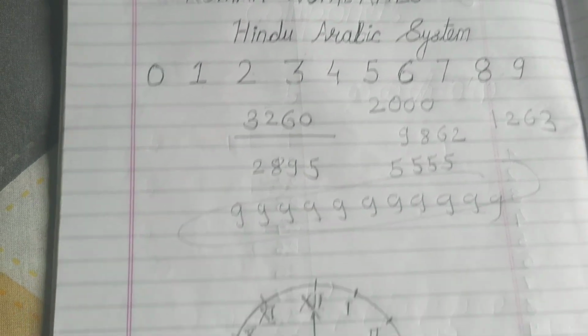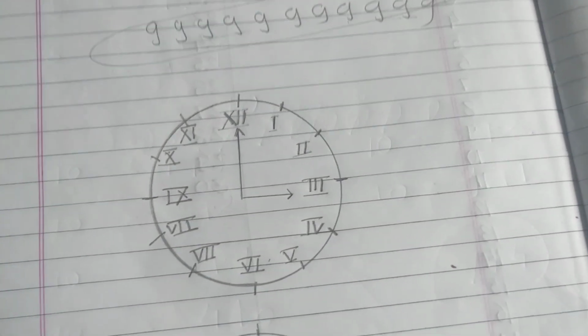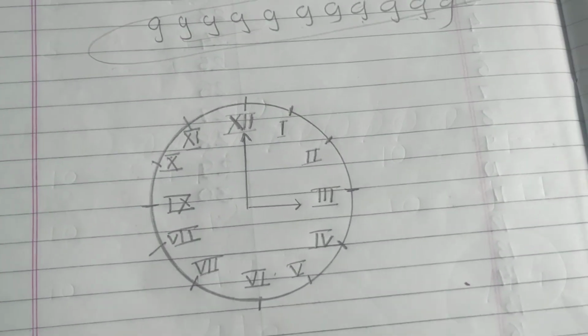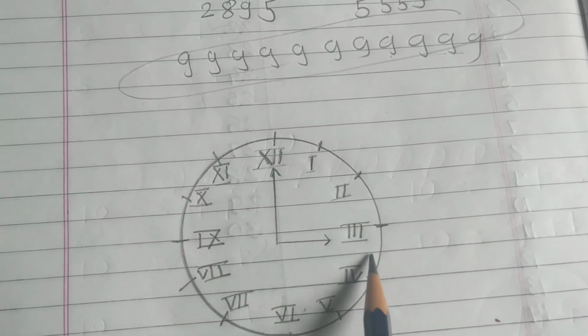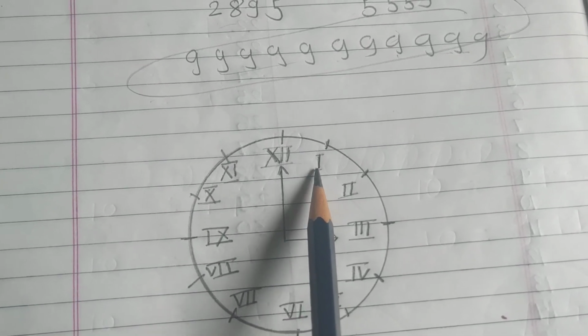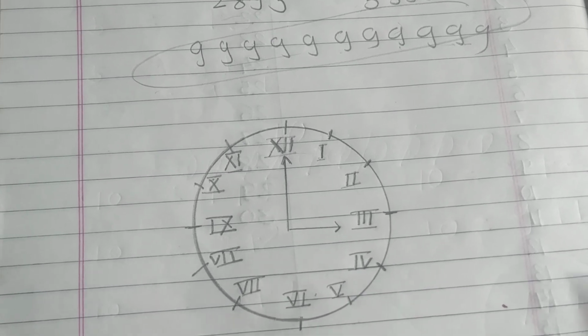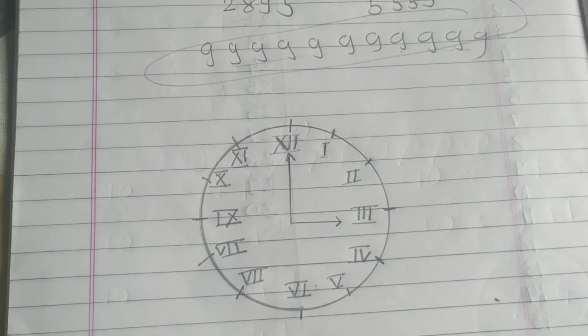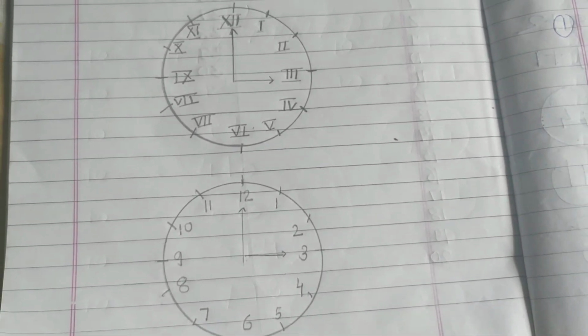But sometimes on clocks or on watches, we can see this type of numbers. Can you see? This is I, if I'm not wrong. It's double I, triple I, IV, V, VI, isn't it? Sometimes we can see these numbers in the place of that.